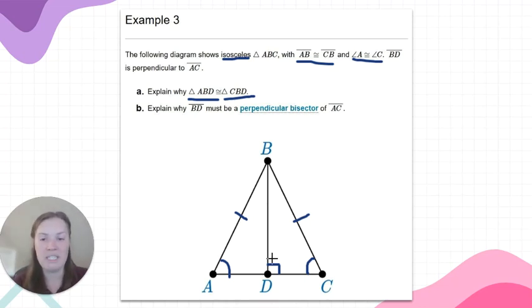Because BD is perpendicular to AC, we've got the perfect 90 degrees. It's perfect 90 degrees on both sides, not just one side, because that wouldn't make it 90 degrees on the other. It is perfectly 90 degrees on both sides of our line segment that we have here.